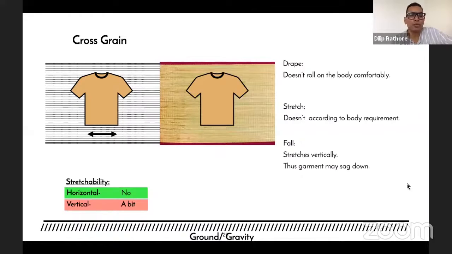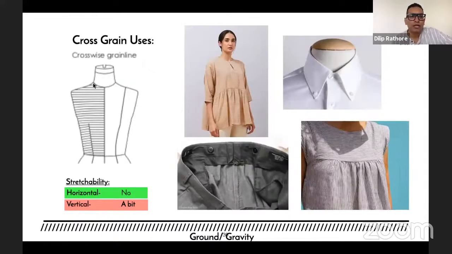So now what to do, where to use this particular grain? Cross grain is used when the warp goes horizontal. There's no horizontal stretchability, vertically a bit. That means we need to see what the strength of this grain is. Horizontally it does not stretch, while vertically it stretches, which is the aspect we don't want.